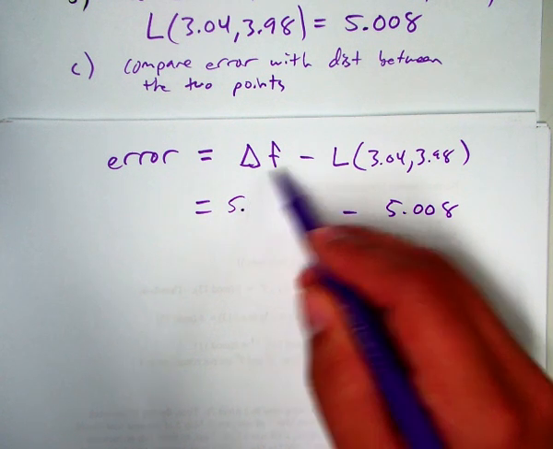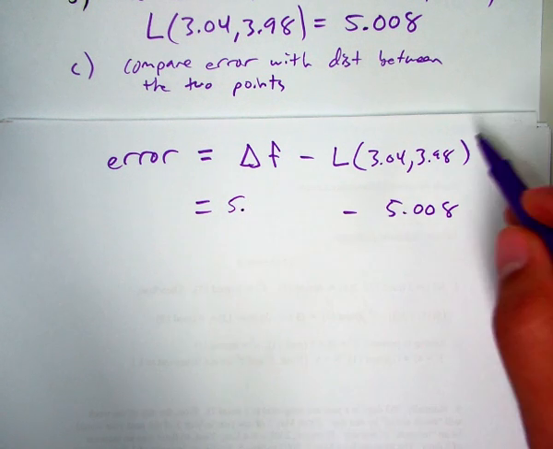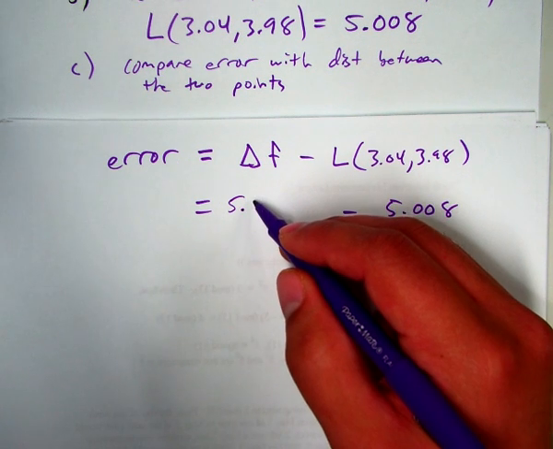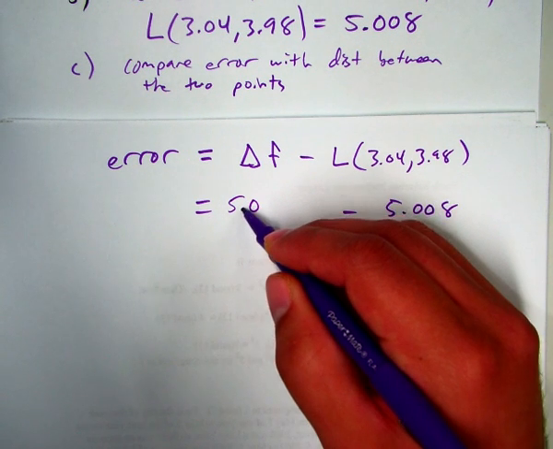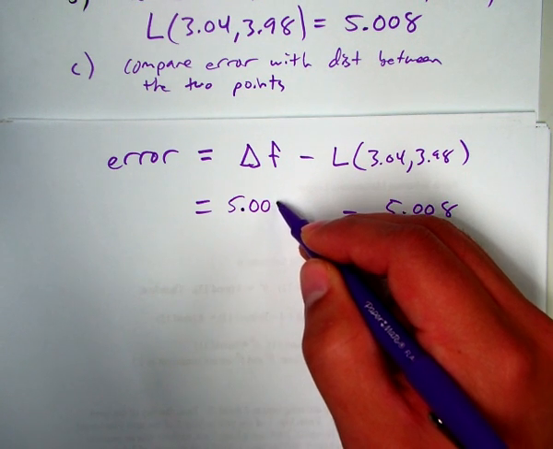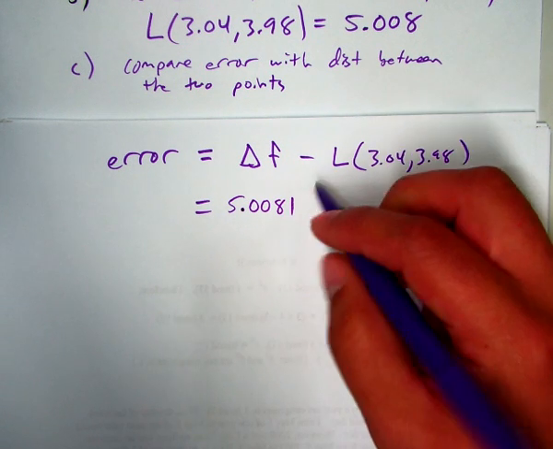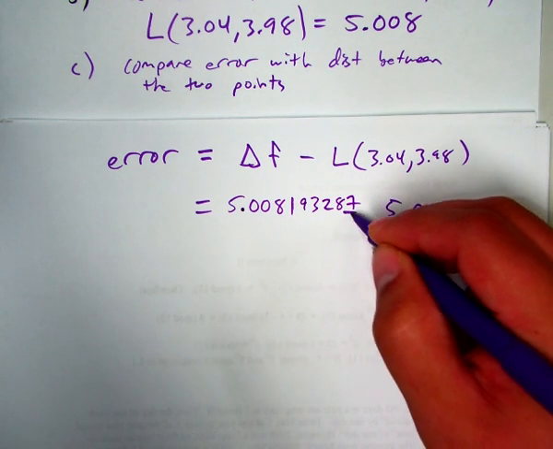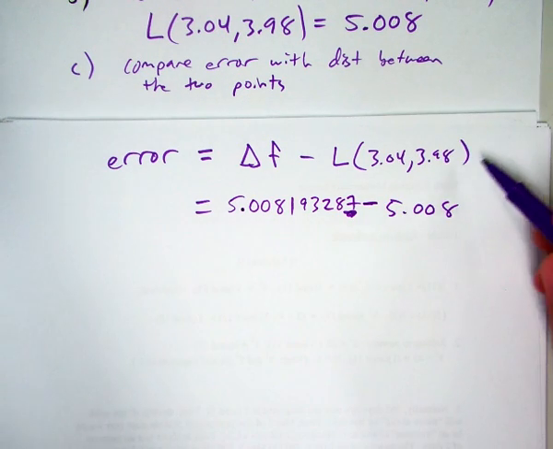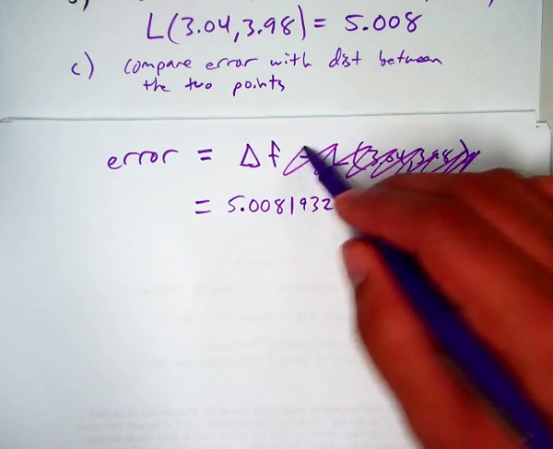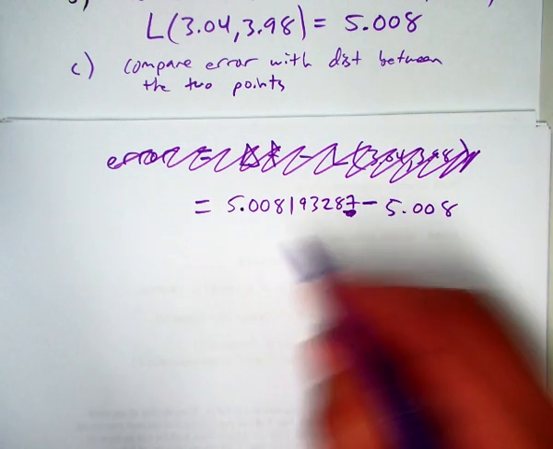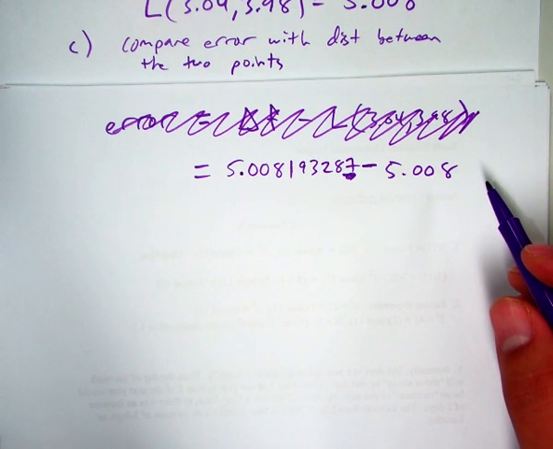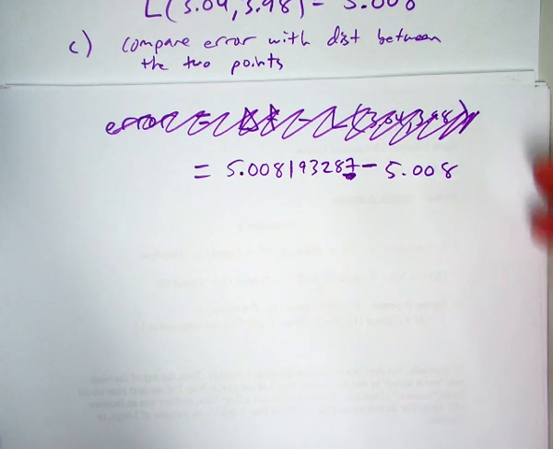Well, I guess this notation is horrible. Because I said change in f, but we're actually finding the output value. 5.00193287. Okay. Let's just cross that out, because that doesn't make sense.